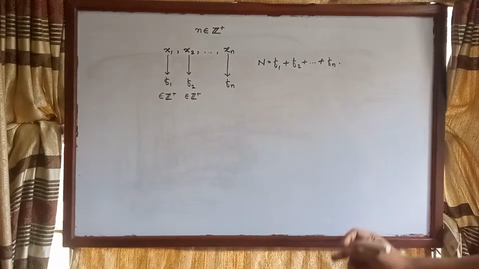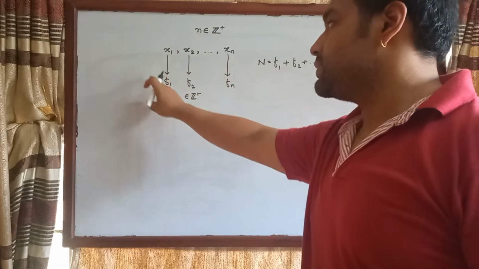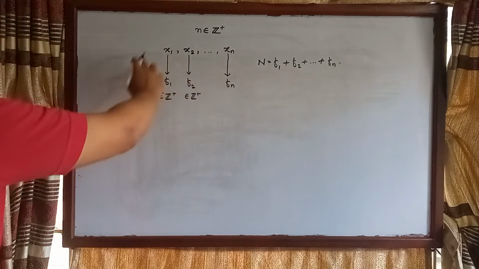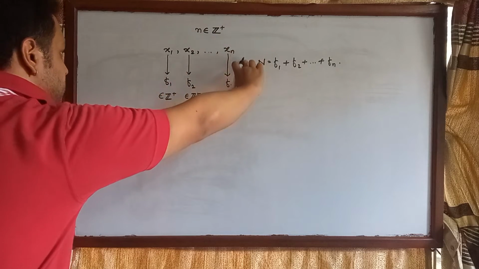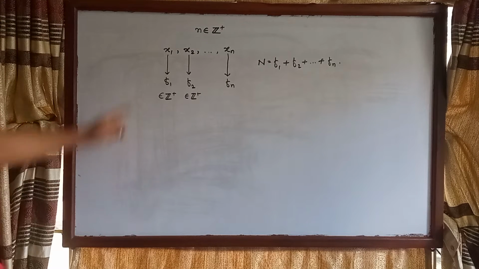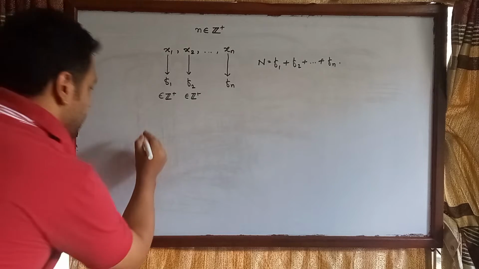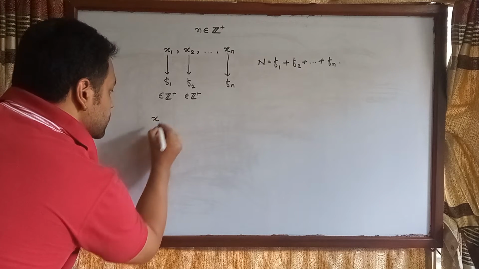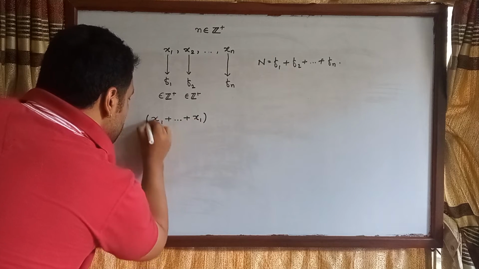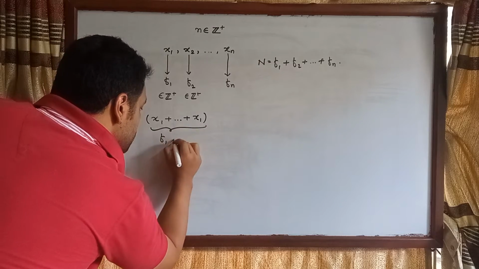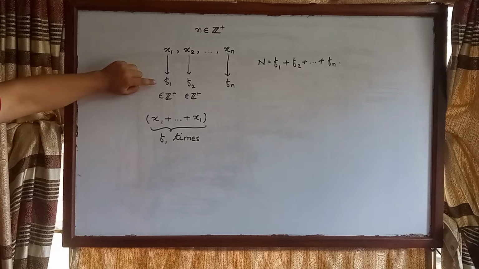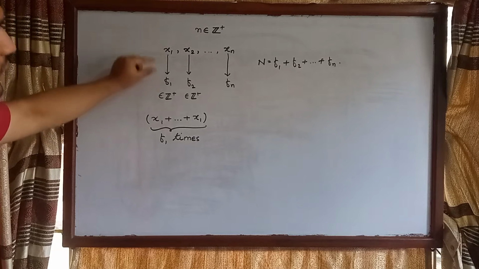Now to obtain the average, the arithmetic mean of these values, we need to find the sum of the given values. We are given f1 x1s. How many x1s are there? There are f1 x1s.